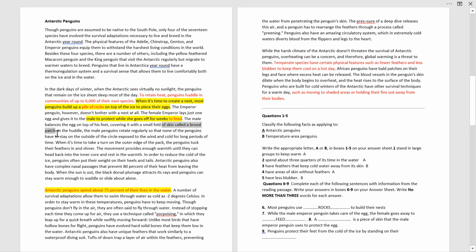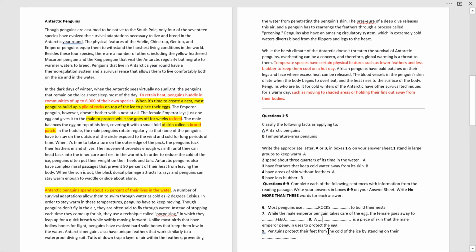Brood patch. So here brood patch is going to be the answer to question number 8. A brood patch is a piece of skin that the male emperor penguin uses to protect the egg. Right? Piece of skin. And there they call it a fold of skin.